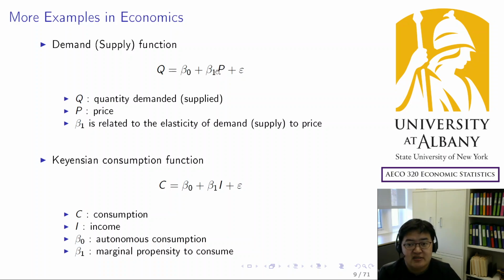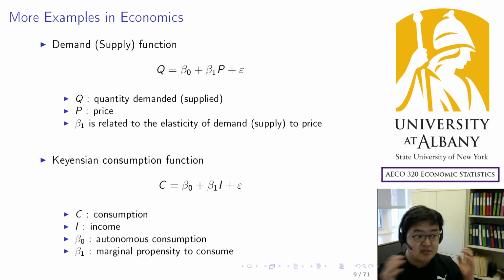And if the price was 0, beta 0 is just the base demand or base supply that is not affected by the price. And beta 1 is how much the demand or supply changes when price increases or decreases, right? Of course, epsilon is the error term, so the noise in the demand or supply or in the data.